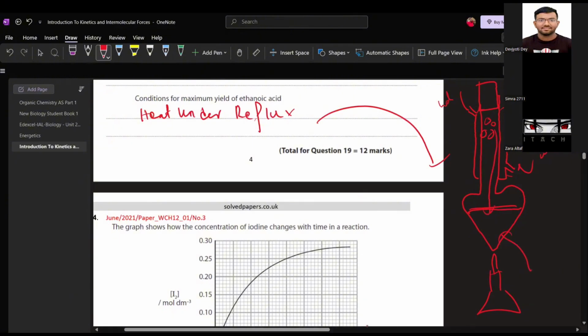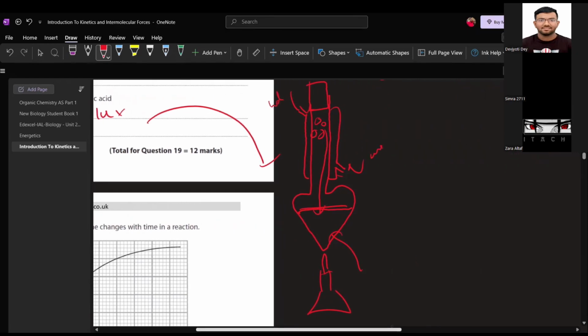Here, remember one thing: we have the reaction mixture. We're doing the oxidation process here, ethanol plus the oxidizing agent. The whole mixture is down here, and we're heating it up. The benefit here is that all the ethanol will react eventually, because some gets evaporated, then condensed back and comes back again, so that it can react with the unreacted oxidizing agent.